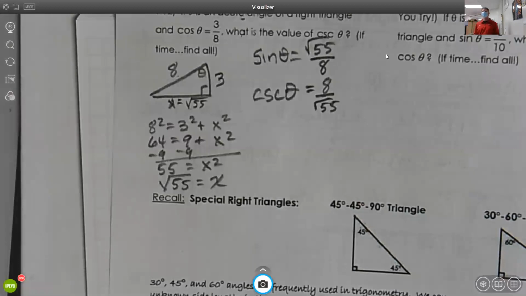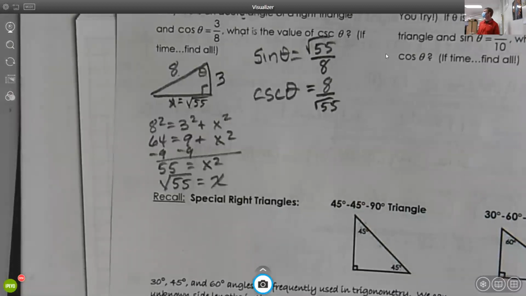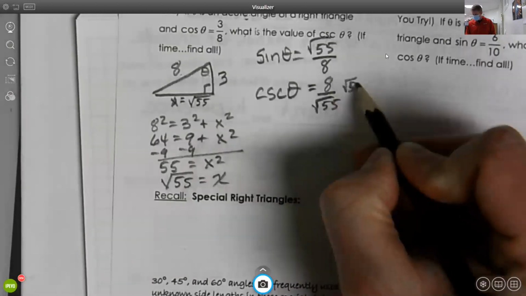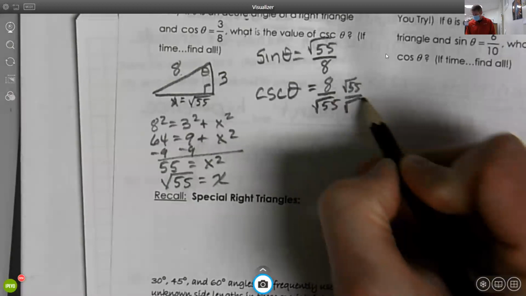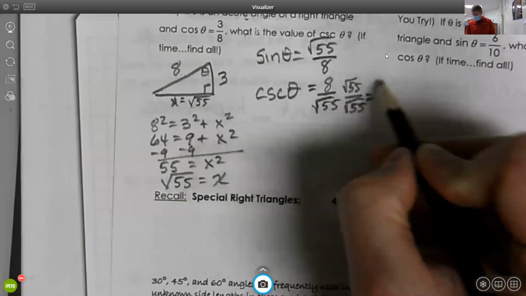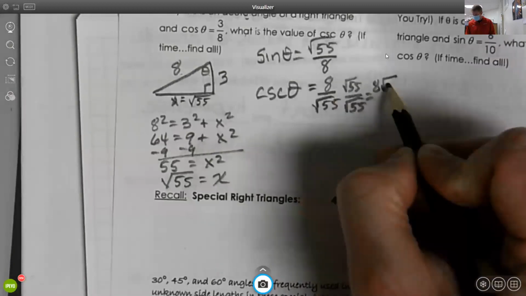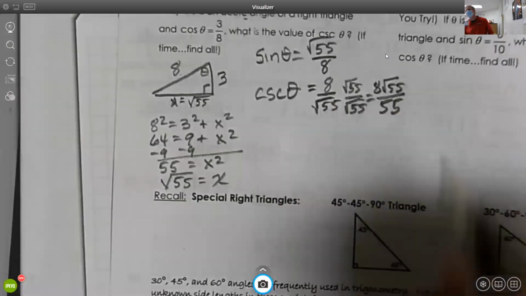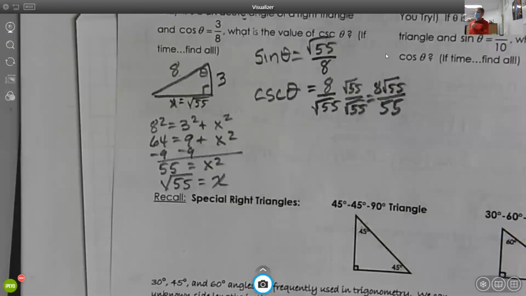But when we look at that, we say, wait a minute, that has a radical in the denominator. So I'm supposed to rationalize the denominator. So I get 8 root 55/55. And that's my final answer.